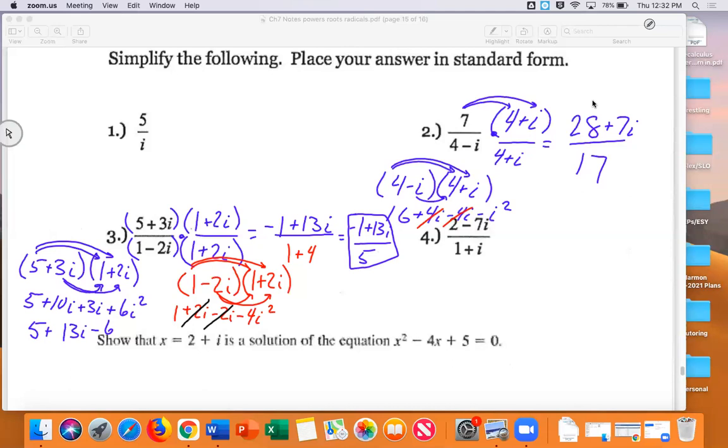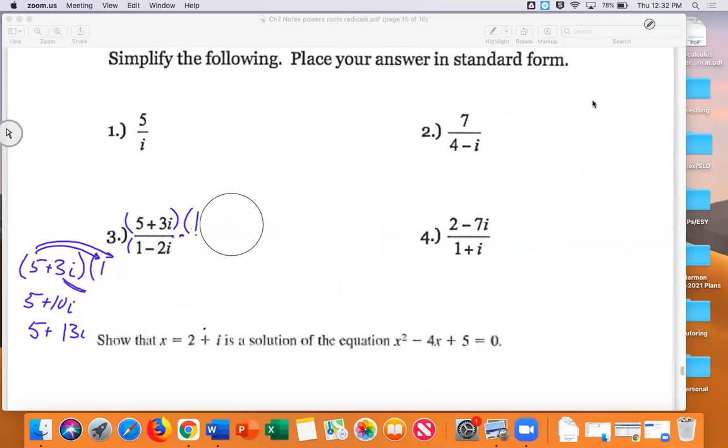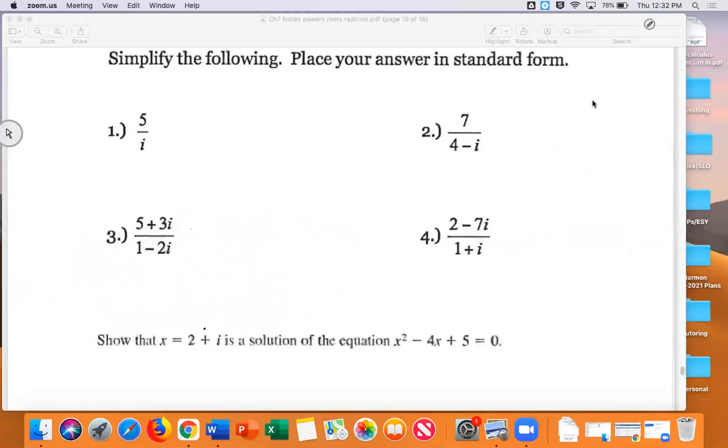All right. Now that we've done all of that, let's look at number 1. It's not that I was skipping it. I just thought it was easier to start with number 2 and then reinforce it with number 3. The conjugate of i is simply itself. We just can't have i in the denominator, so we're going to multiply it by itself here.